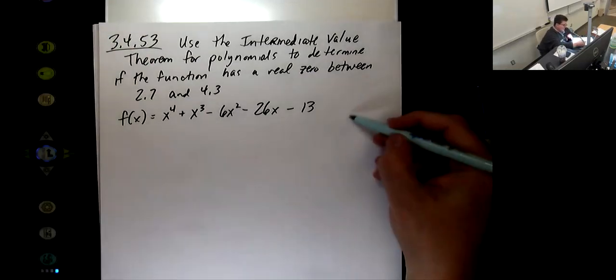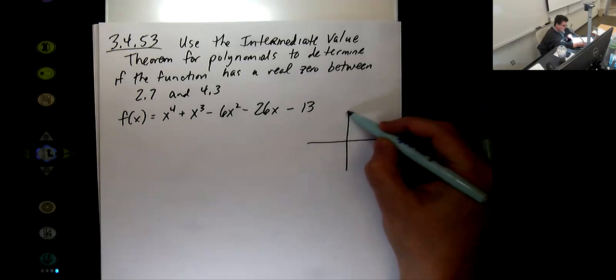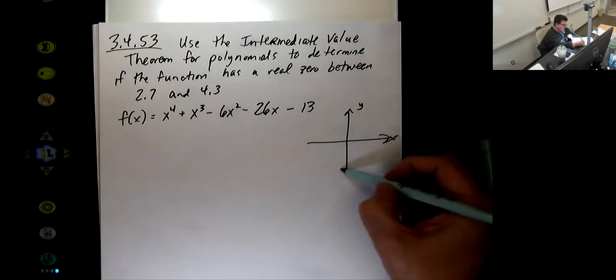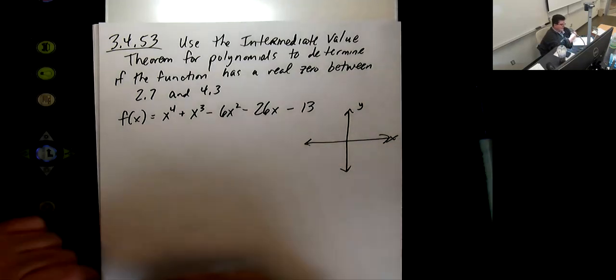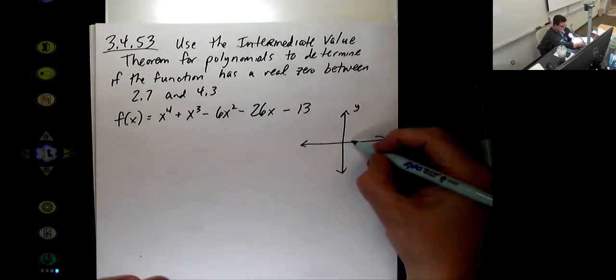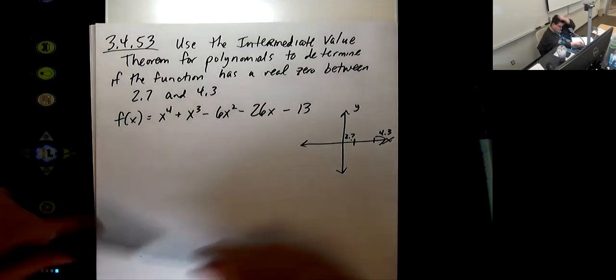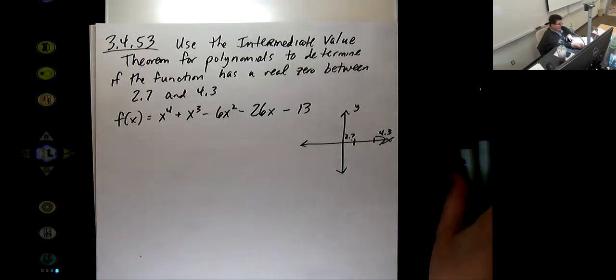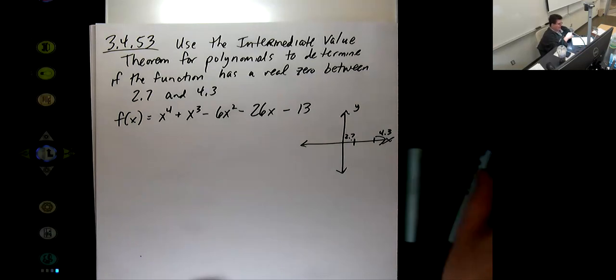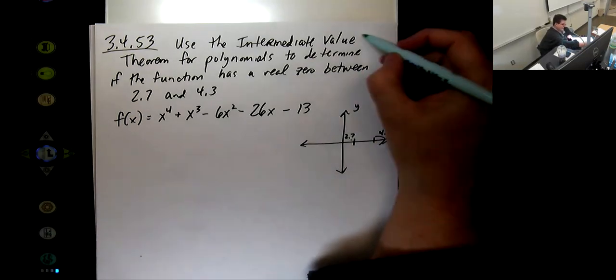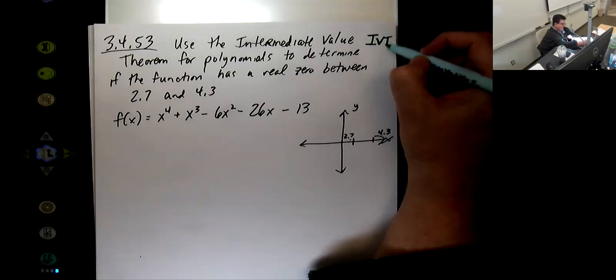So the idea behind the theorem is this. We're looking at 2.7 and 4.3. The IVT is its shorthand name.